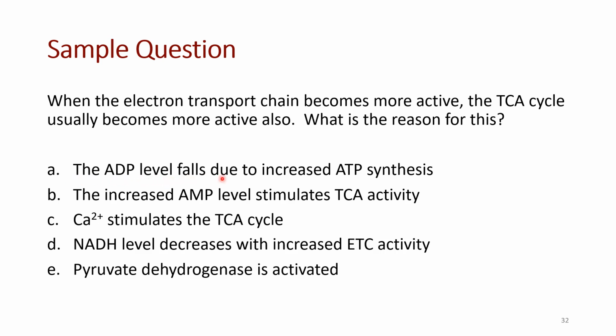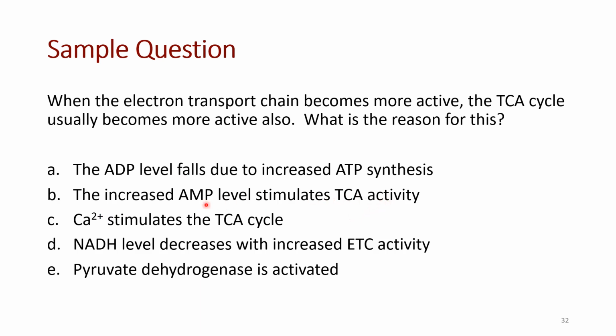Here the ADP level falls due to increased ATP synthesis. Well, that's kind of true, but actually, ADP is a positive allosteric modulator, and if the ADP level falls, then it's not going to be a very good binder. It's not going to be enough concentration, so that sounds backwards. The increased AMP level stimulates TCA cycle activity.